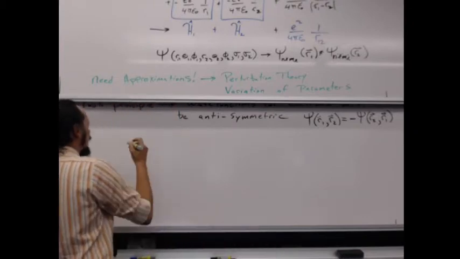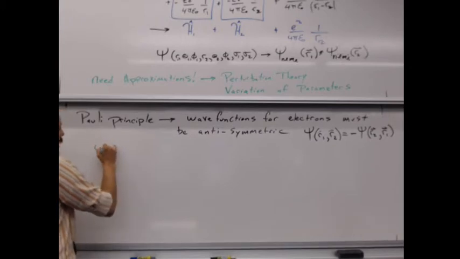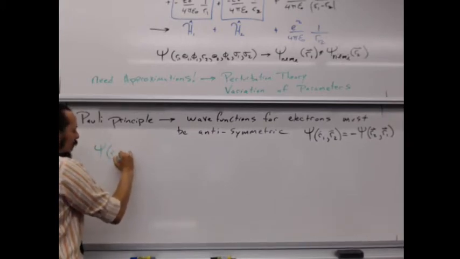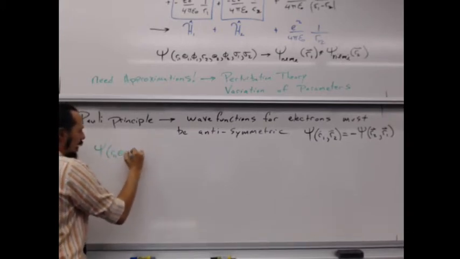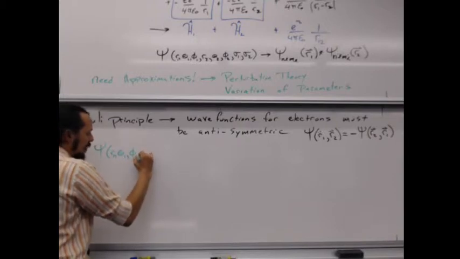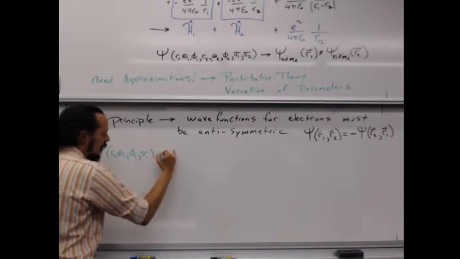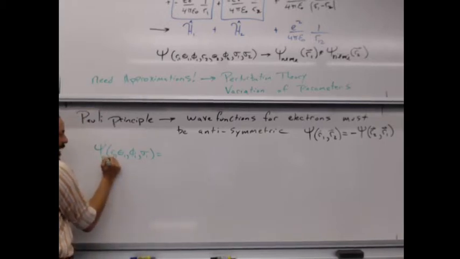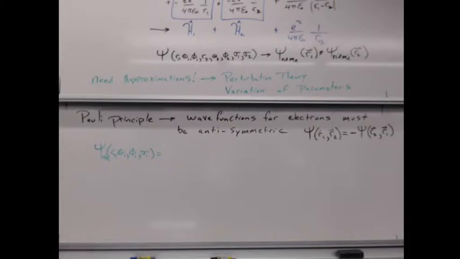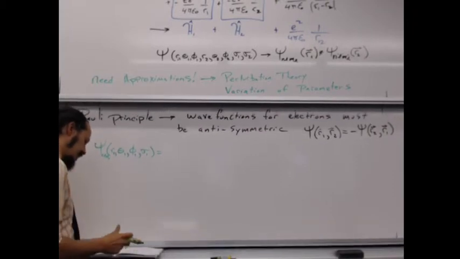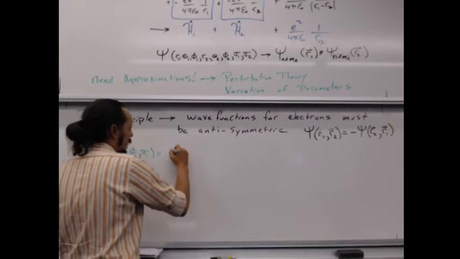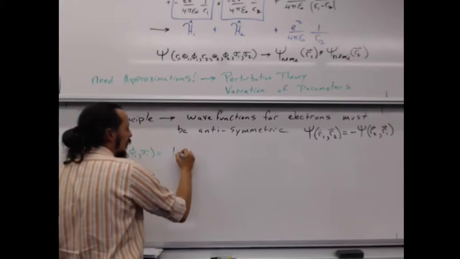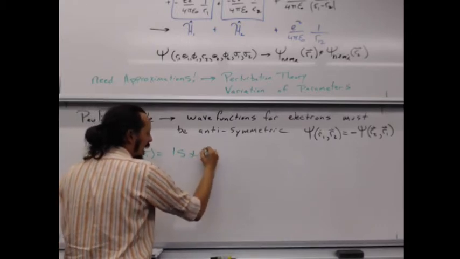Let's say we've got some psi of r1, theta 1, phi 1, sigma 1 is equal to, and I got some n, l, m sub l on there. We're going to use a shorthand where I could just say this is 1s alpha 1.